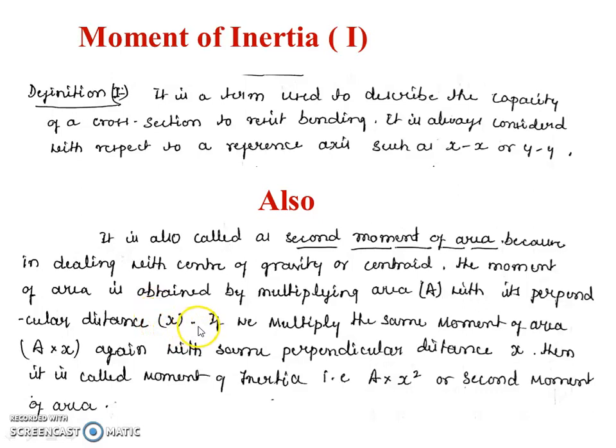But in moment of inertia, we multiply the same moment of area, that is A into x, again with the same perpendicular distance x, the distance of the centroid from the reference axis. That's why it is called second moment of area, that is A into x square. Here you are multiplying the perpendicular distance twice. This distance is the distance of the centroid of a given geometric shape from the reference axis.